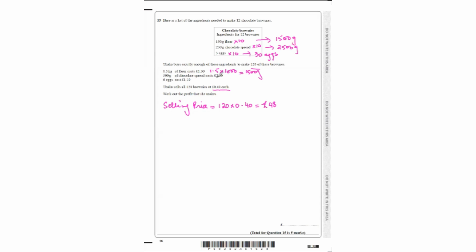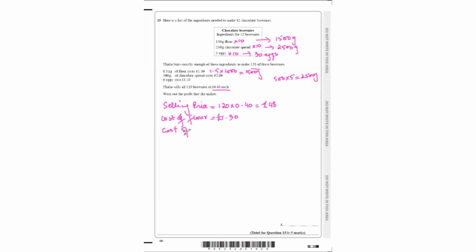So that means you will multiply 2.60 by 5 because 500 times 5 is 2500. So cost of flour is the same. That's 1.30 pounds for the 120 brownies as well.